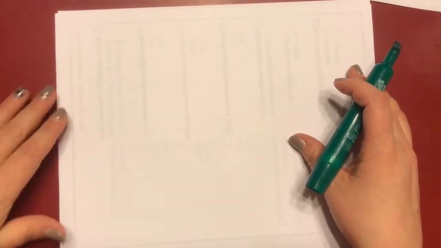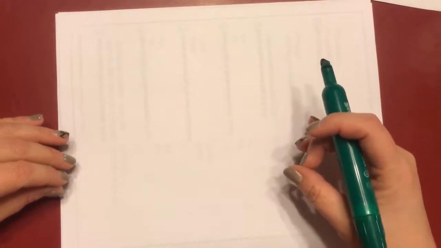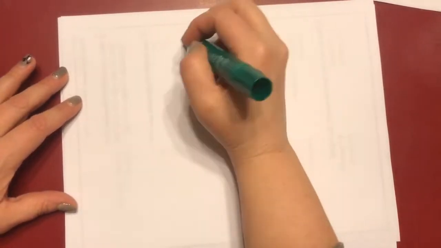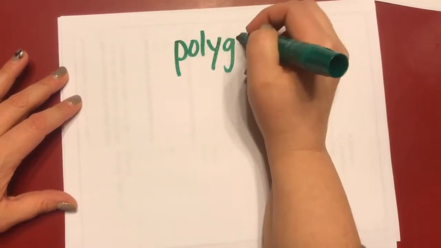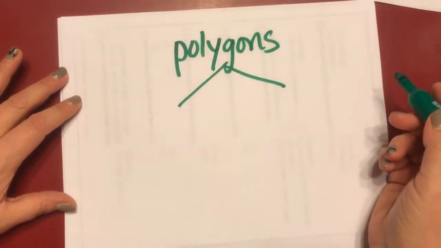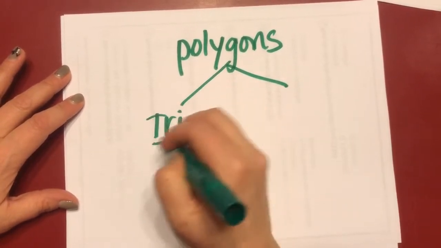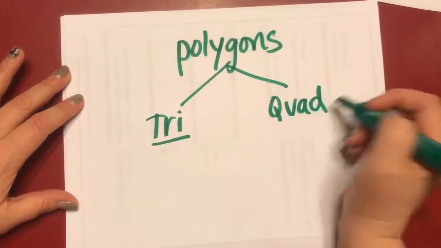So we've got polygons, we've got quadrilaterals, we've got parallelograms. Another thing then that we might look at are more specific shapes within each of those categories. So we said we have polygons. And typically, for our cases, we're going to look at 2 major categories of polygons. We're going to look at triangles, and we're going to look at quadrilaterals.